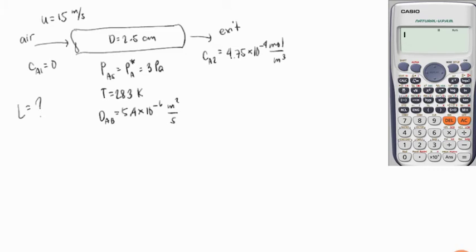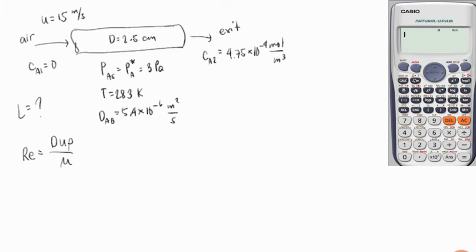So let's first solve for the Reynolds number. The Reynolds number is still D u rho over mu, and since this is flow inside a pipe, we determine if it's laminar or turbulent by the cutoff Reynolds number of 2100. For that, we first have to determine the density and viscosity of air.